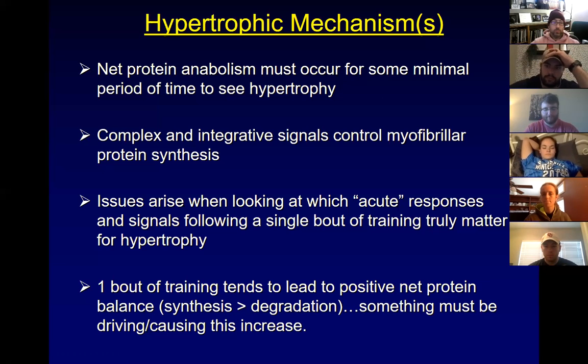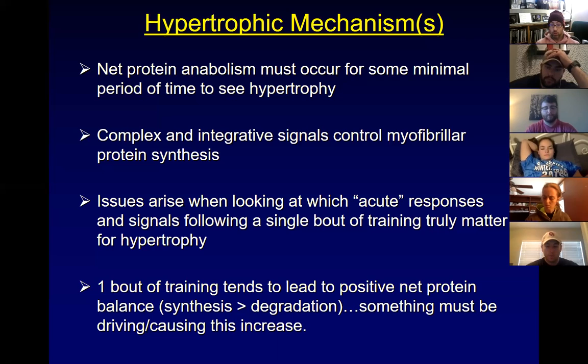Okay, so as we mentioned, there are very complex and integrative signals that are going to control myofibrillar protein synthesis. It's not just one signal, okay? It's not just one thing. But we're going to have some problems when we try to study this, because issues arise when looking at an acute response. So we send Alex to the weight room today, we have him do one thing, and then we see what changes, like what cellular pathways may be activated immediately afterwards or within a couple of hours afterwards, or we see what's happening at his whole body fractional protein synthesis rates after one bout.